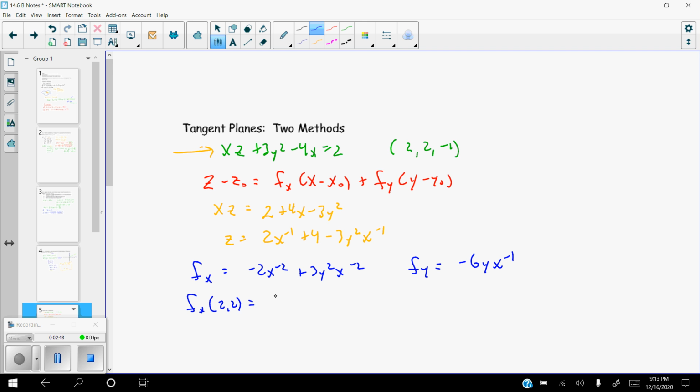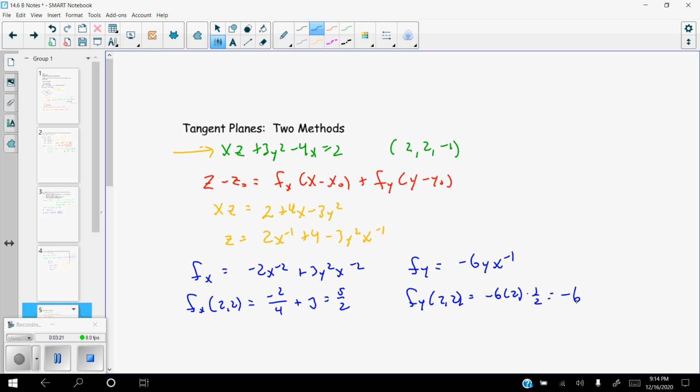Plugging in a 2, we get negative 2 over 4 plus 3 times 2 squared over 2 squared, so that's 1, so that's plus 3. So we get 3 minus a half, which is going to be 5 halves. And then fy at (2, 2) is going to be negative 6 times 2 times a half, which is just going to be negative 6.